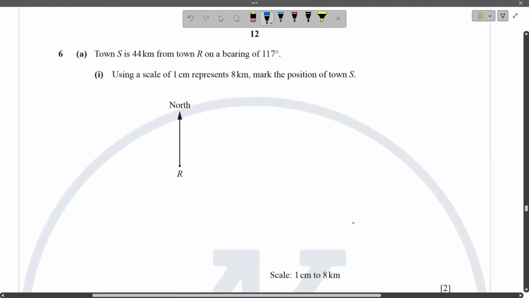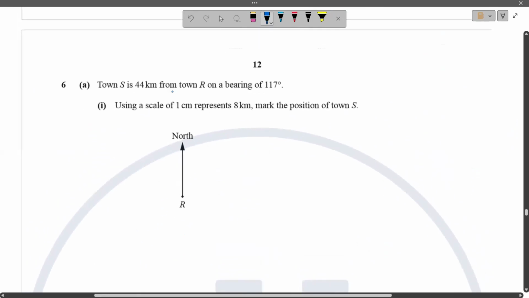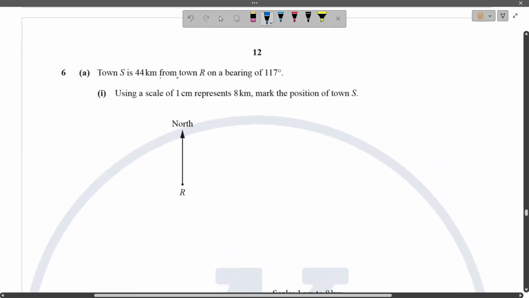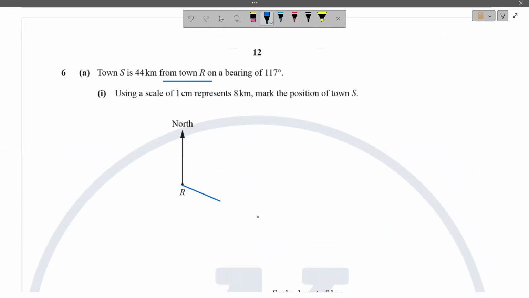Question number 6. Town S is 44 kilometers from town R on a bearing of 117. So from town R, I'm going to move north and measure angle 117.